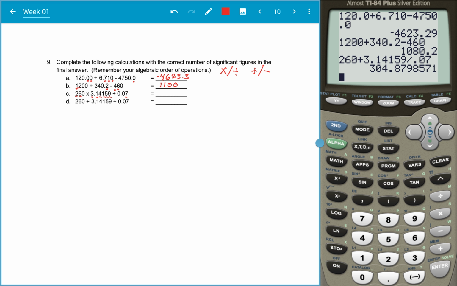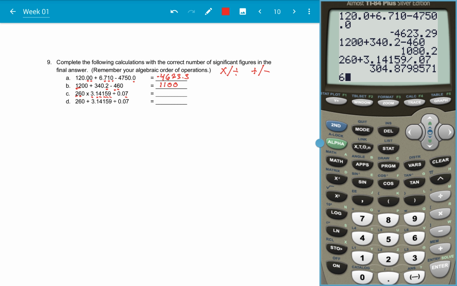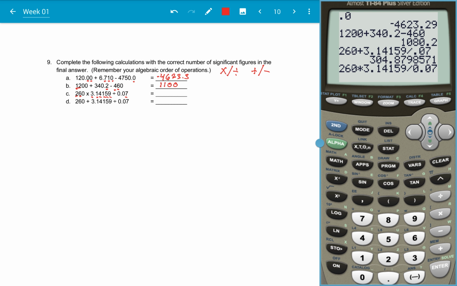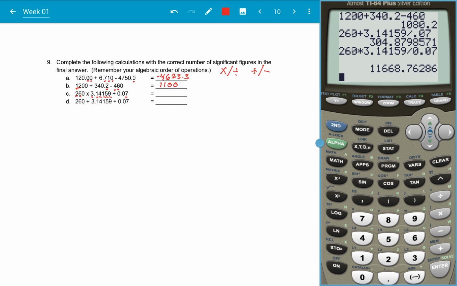So in this particular case, we can take our 260 multiplied by 3.14159 and divided by 0.07. Oh, actually, I've already done that before, but with an addition, not a multiplication.